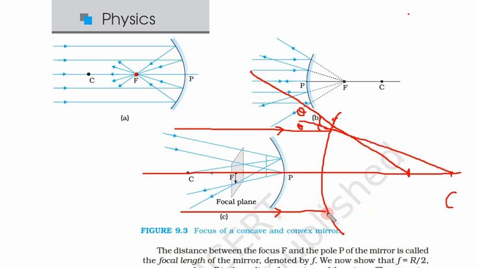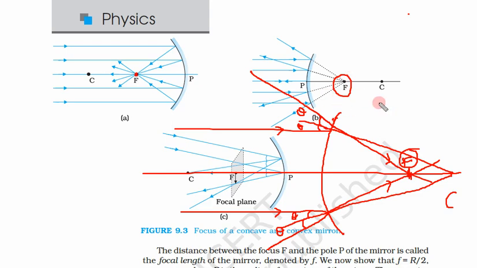Again we connect this point with C and extend this. This angle is theta, so the beam must be reflected at the same angle theta. Again if we extend this line, it will again pass through this point. This point is called the principal focus or focal point of this convex mirror.